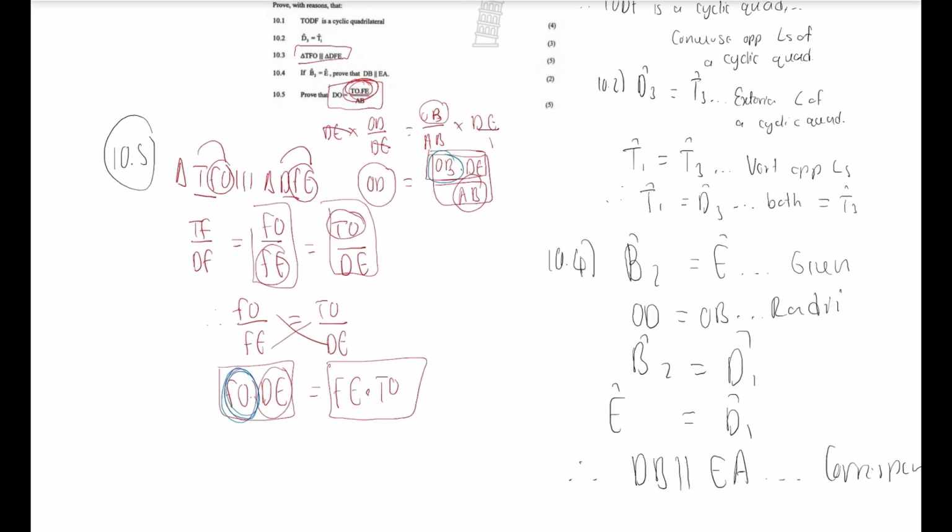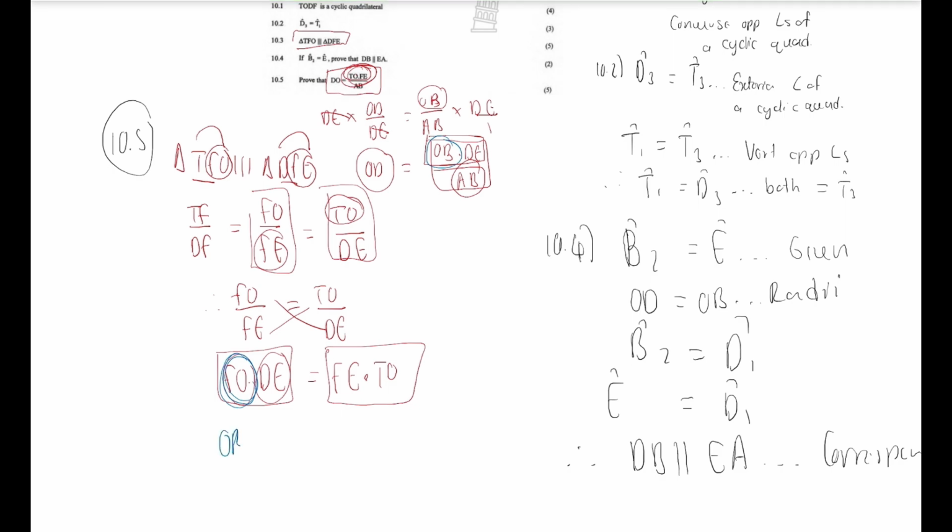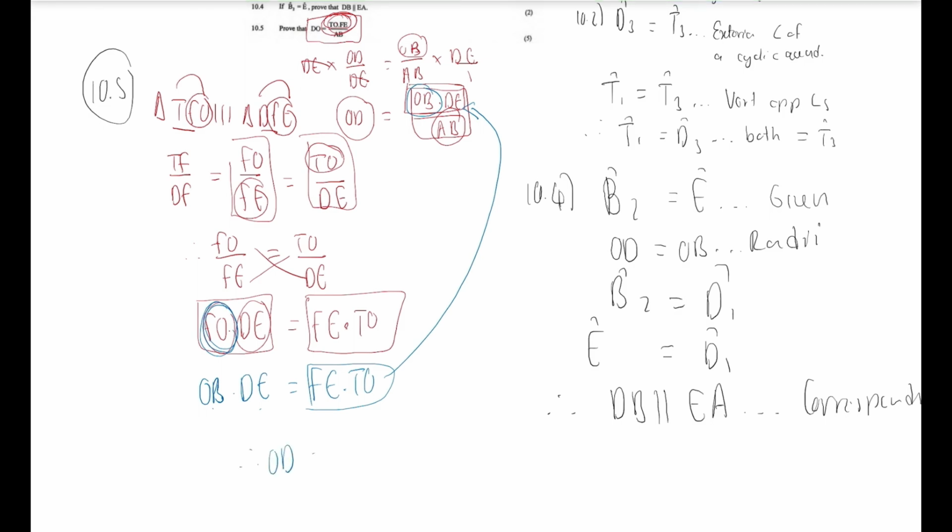So on your OF, you're going to have OB times DE equals FE times TO. And because OB times DE equals FE times TO, you can replace it. Then you're going to get that OD is equal to FE times TO over AB. Like that. And that was the thinking process.